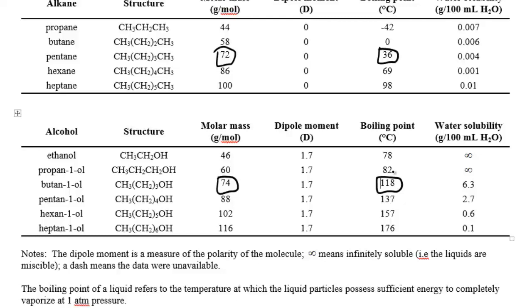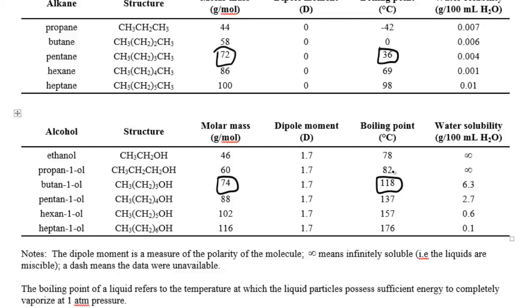So clearly butan-1-ol has stronger intermolecular forces. Now we notice that the molar mass is greater, and you might want to use the argument, oh, it has greater London dispersion forces. But a difference of molar mass of only 2 grams per mole is not really sufficient to really indicate that there's a greater London dispersion force.